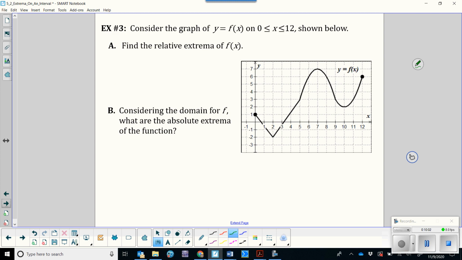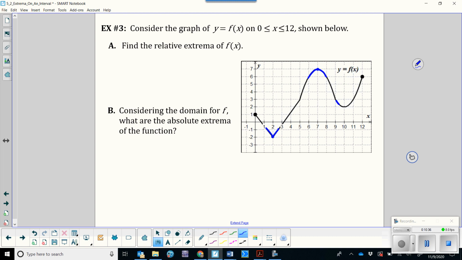Okay, next example, we want to consider this graph from 0 to 12. So now we have endpoints. So we want to find the relative extrema and then absolute extrema, okay? So relative extrema, again, either look at peaks and valleys, or also it's where the function changes, like here, from decreasing to increasing. So therefore, this is a relative minimum. Right here, we change from increasing to decreasing, so there's a relative max.